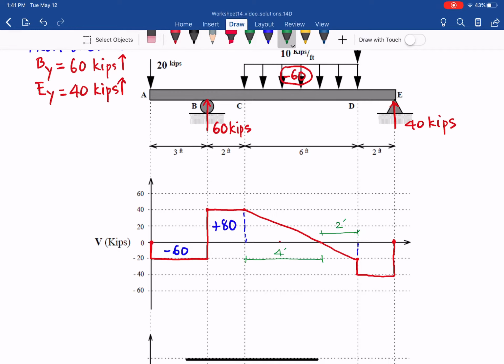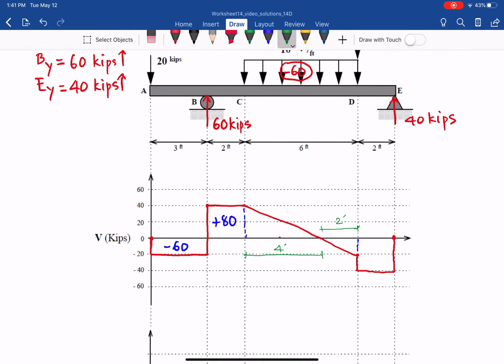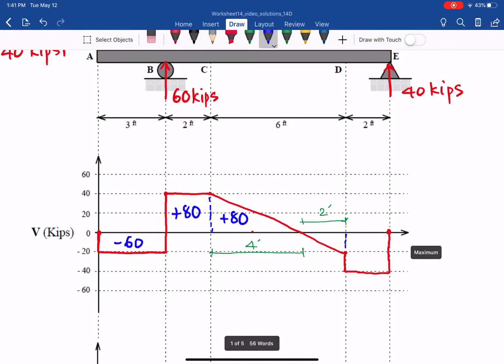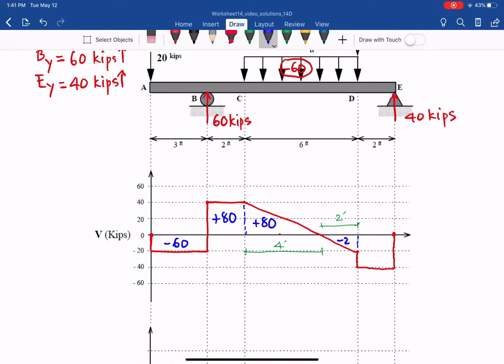So 4 times 40 is 160, divided by 2, so you have plus 80 for this area. And this one is negative 20 times 2 divided by 2, so it will be negative 20 in this area.